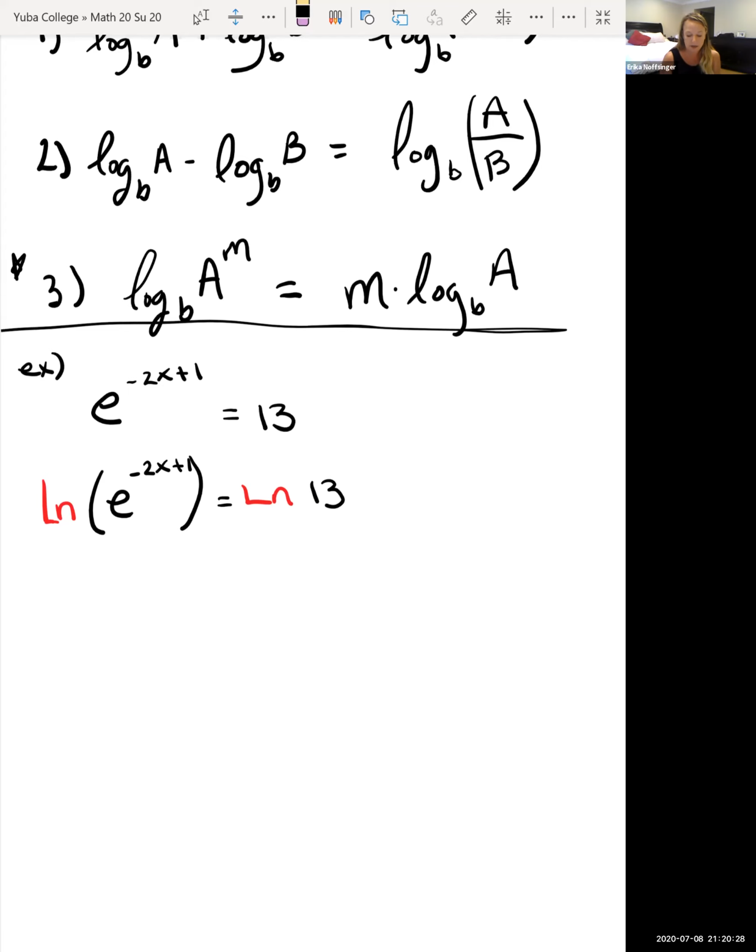Okay, let's think about the definition of logs. I can actually use this property, so let's bring this down and bring it down. My exponent in front. There's more than one term, so I'm going to put parentheses around that whole thing. So my exponent is negative 2x plus 1, in parentheses. I have natural log of e is equal to the natural log of 13.